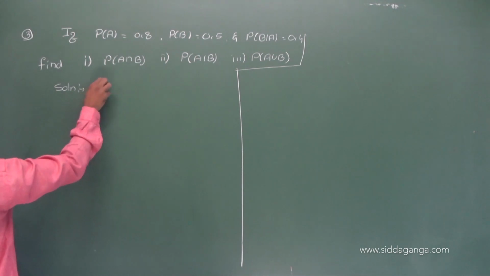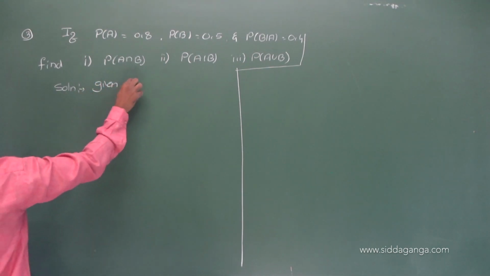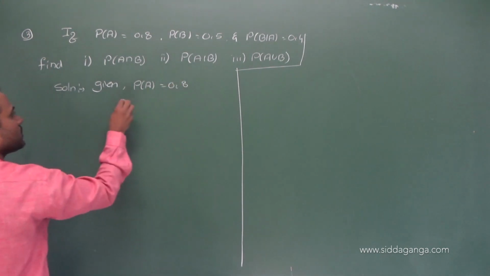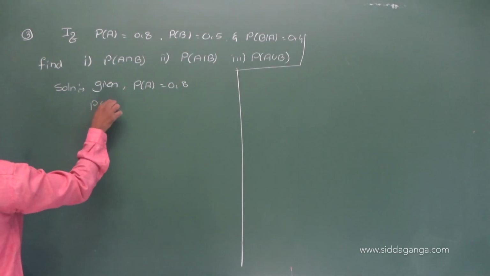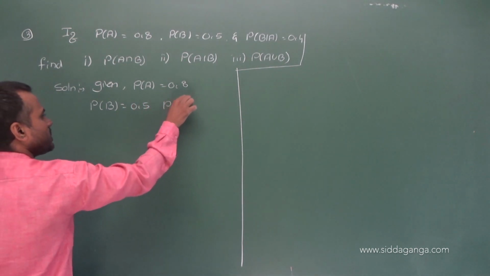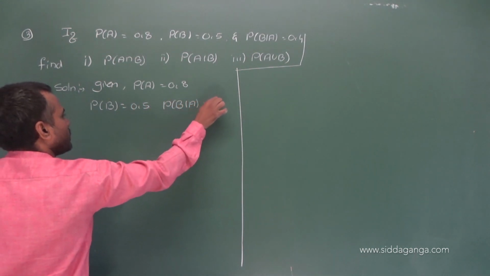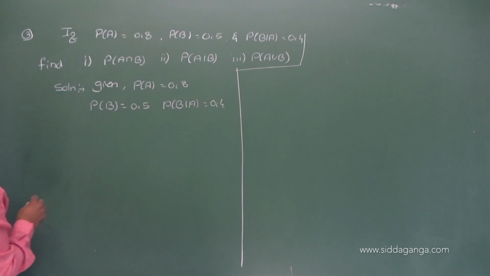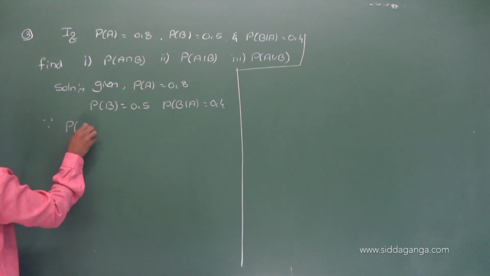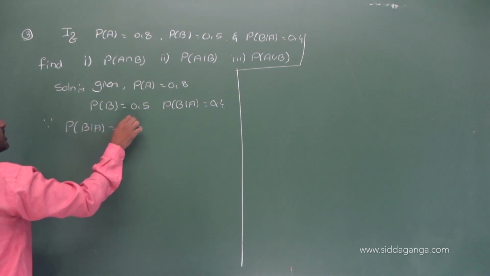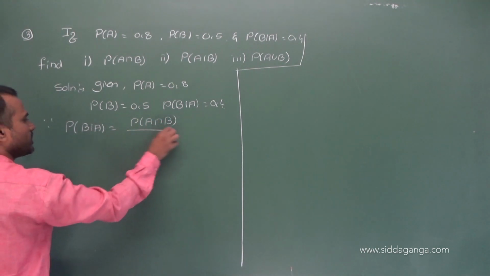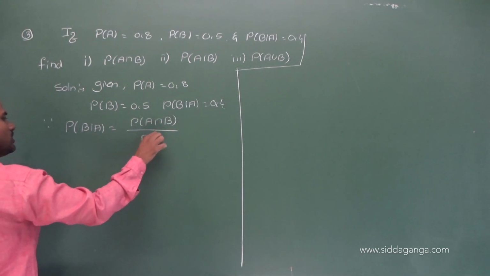Given P of A is 0.8, P of B is 0.5, P of B given A is 0.4. According to the definition of conditional probability, P of B given A is P of A intersection B divided by P of A. Correct?